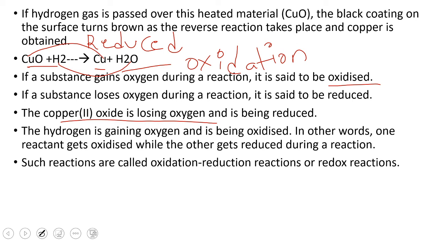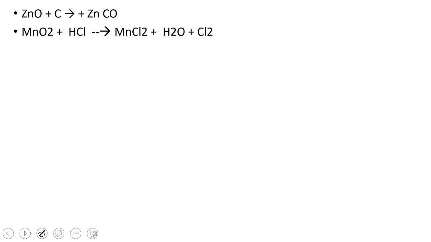Redox reactions, or they are also called oxidation and reduction reactions. In a chemical reaction, if oxidation and reduction take place, such reactions are termed redox reactions or oxidation reduction reactions. There are some more examples that I will show you here.